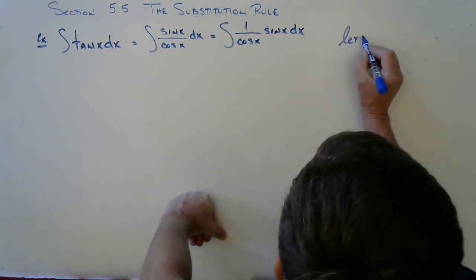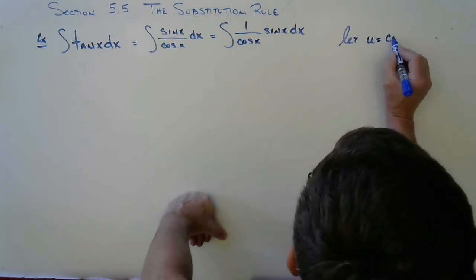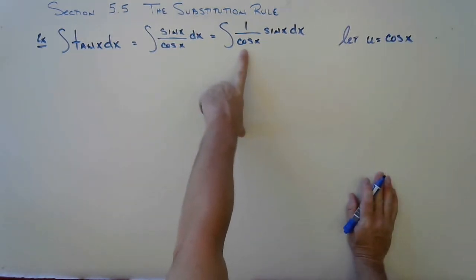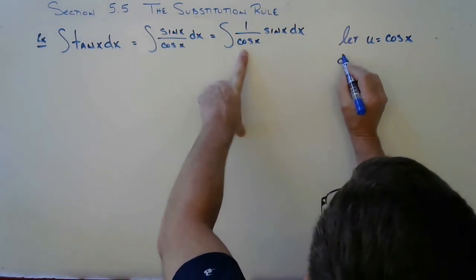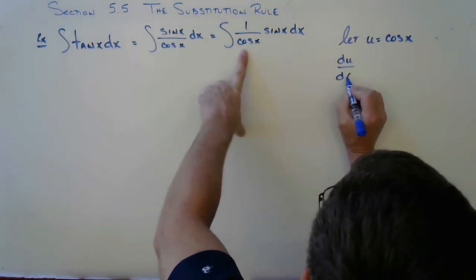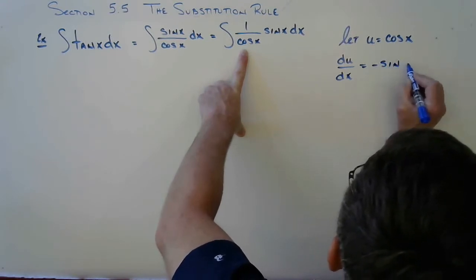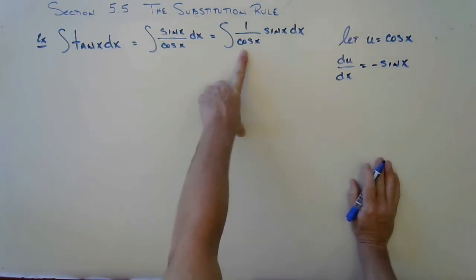and we let u equal cosine of x, right, we let u be cosine, then when we take the derivative of both sides, the derivative of cosine is negative sine x.